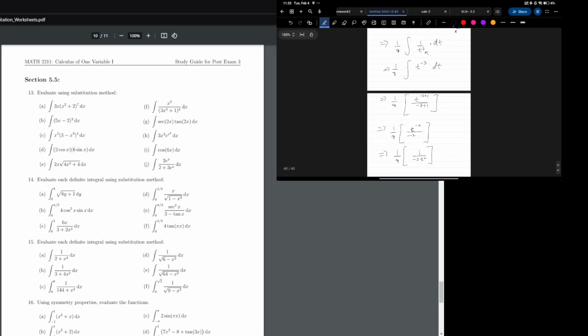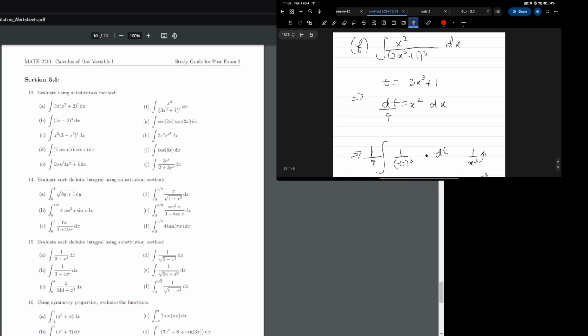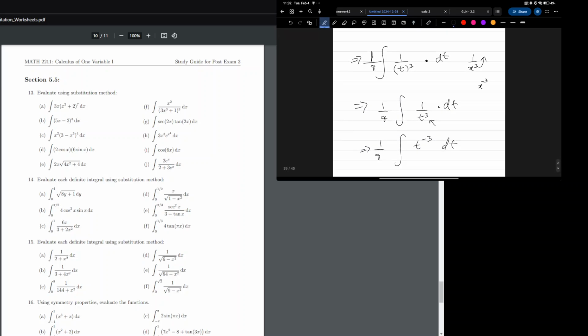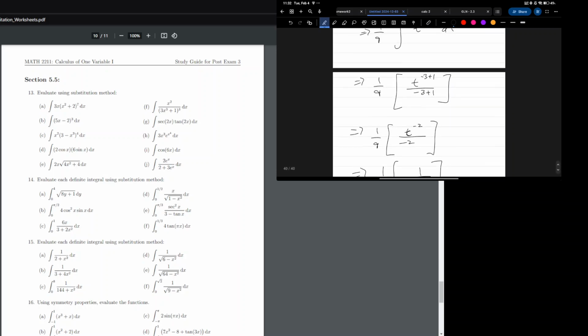Now we have reached here. My last step would be substituting back the value of t, which was 3x cubed plus 1, which becomes 1 over 9, 1 over negative 2, 3x cubed plus 1 squared. See, quite easy.